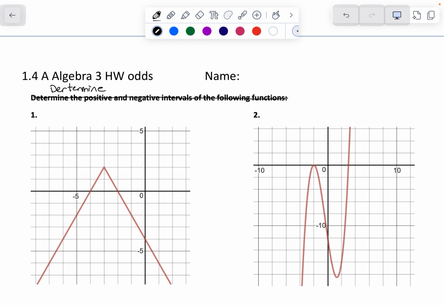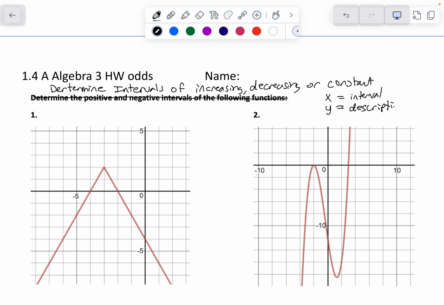Determine intervals of increasing, decreasing, or constant. So I want the x with the interval, the y with the description, just like we saw in the examples, okay? So you're just giving me intervals.